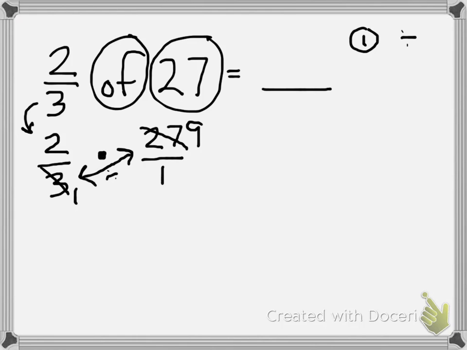Just cross the 27 out and put the 9. Like I said, it's going to get a little bit messy, but I think you can follow along. So let's get ready to finish this out, because we are coming around the bend here.